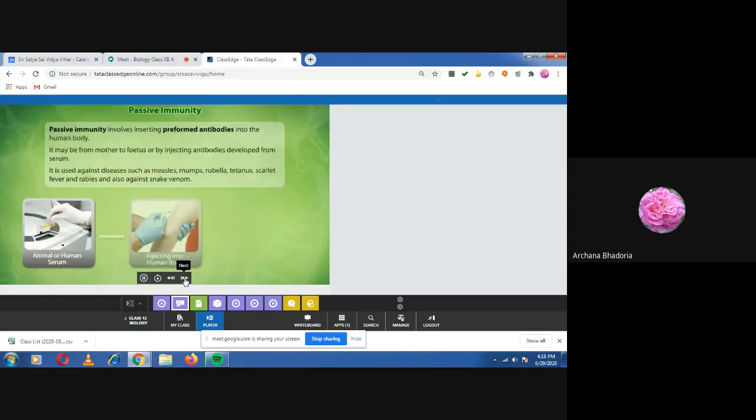Ma'am, passive immunity examples are given. I have a doubt. Why are some vaccines given by a drop like polio and some are injected? See, if you are injecting, it will go into the blood, isn't it? अगर ओरल ले रहे हैं तो फिर वो अपने डाइजेस्टिव ट्रैक्ट में जाएगा, तो देन डाइजेस्टिव ट्रैक्ट से वो फिर सिस्टम तक पहुंच पाएगा.